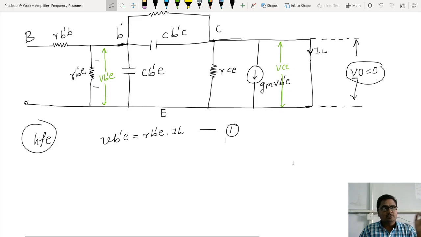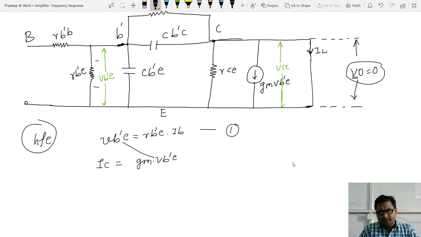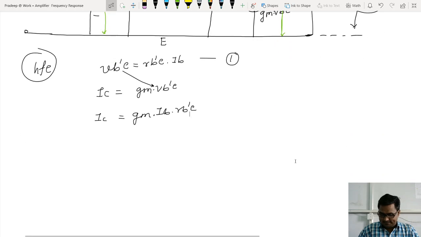Now this is about the input voltage. Now the output current IC, we already have: it is GM multiplied by VB'E. If I replace this VB'E value in the equation of IC, it will be GM multiplied by IB multiplied by RB'E.